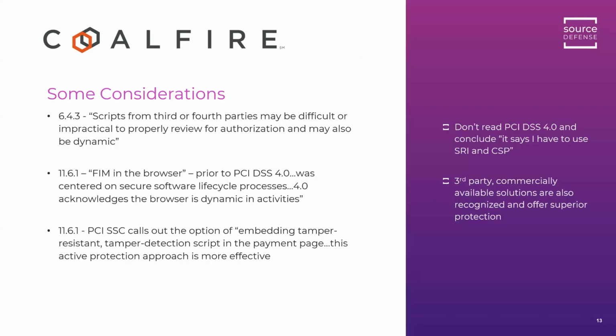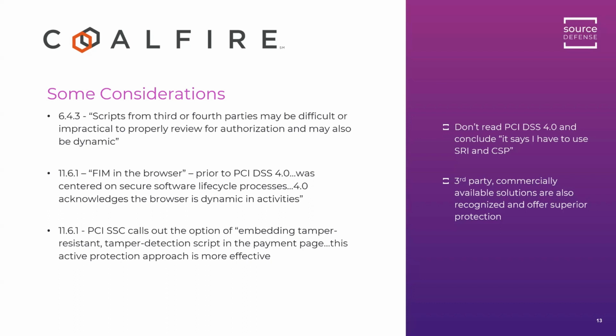The second thing that we pull out of that Coalfire paper are some important clarifications or distinctions. I think the most important thing here is that there is guidance in PCI DSS 4, specifically in 6.4.3, around different technologies one could use for this, CSP and SRI being the examples.